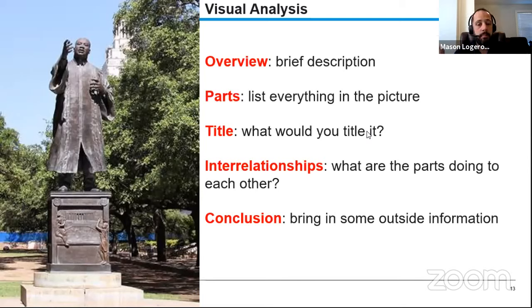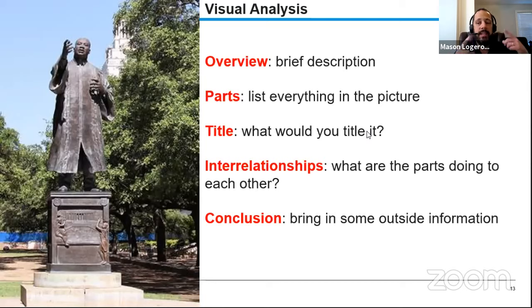In the parts, you simply list out everything that you see, big, small, everything. The title, I tell my students, think about the title you would give it. I usually don't put a title on these pictures if I'm having them do OPTIC, but what title would you give to this picture? Or in this case, I want to take a specific look at this statue.